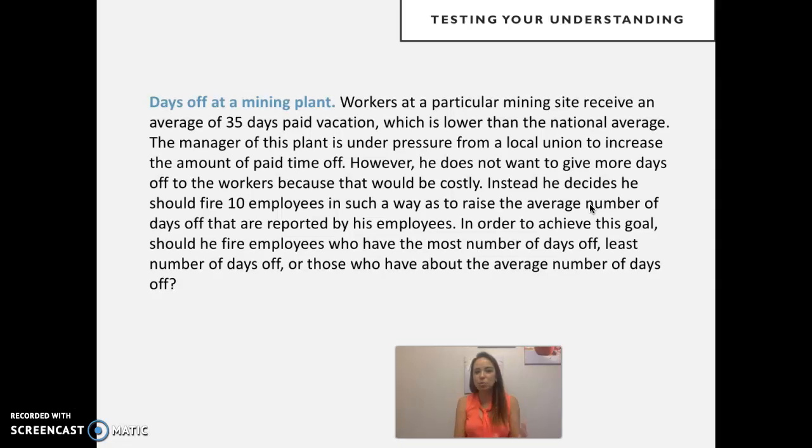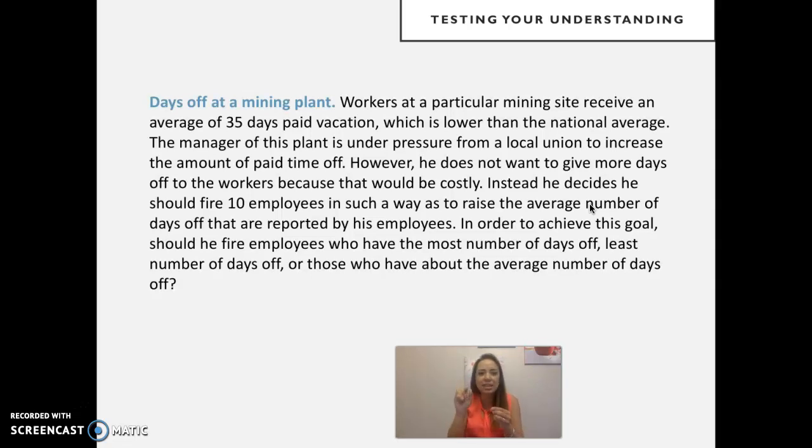So what does the sneaky manager want to accomplish? He wants to create a scenario to display to the union that they are doing good with paid vacation. They want to raise the average up. So he needs to do what?